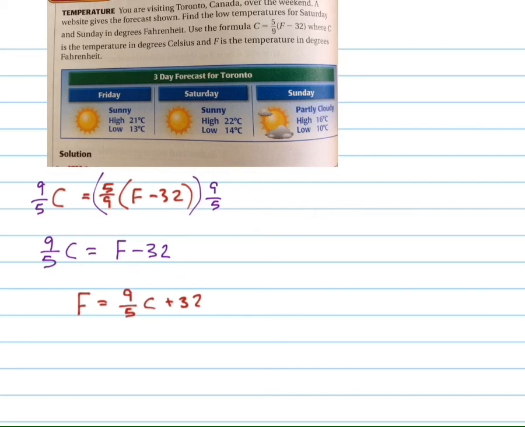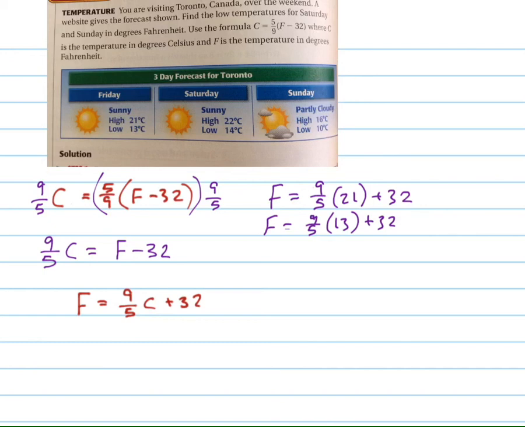We use decimals. So what we would do to find each of our temperatures in Fahrenheit is just plug in each one. So we would do 9/5 times 21 plus 32. And we would do 9/5 times 13 plus 32.